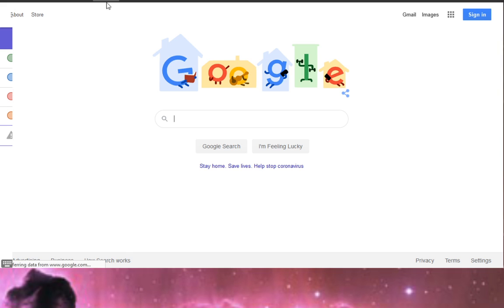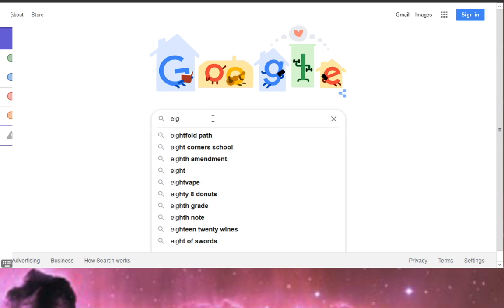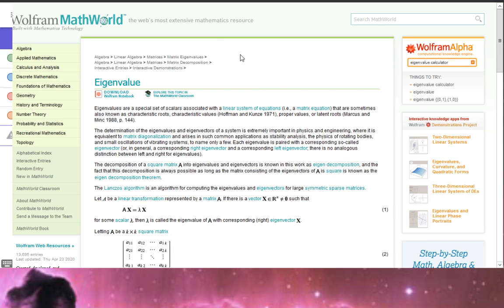Alright, this is what we're gonna do. We're gonna look something up and you're gonna be like, what is this guy doing? Well, there's actually another number. It's called the eigenvalue. So we're gonna study the eigenvalue. What is an eigenvalue? An eigenvalue is a number that has to do with stability.